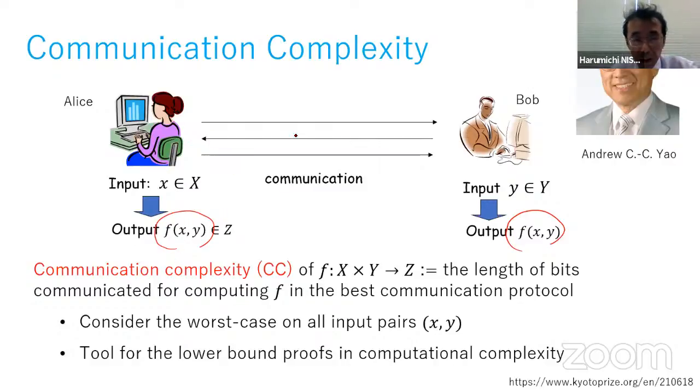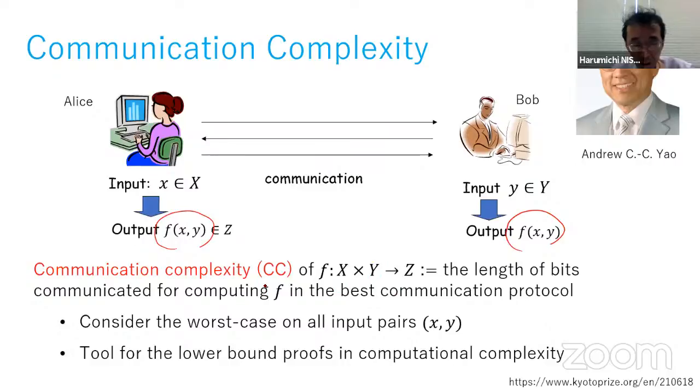Now, these parties use a communication channel, which has no error. We consider how many bits we need to send to compute f(x,y) cooperatively. The communication complexity of function f is the number of bits communicated for computing f in the best communication protocol.